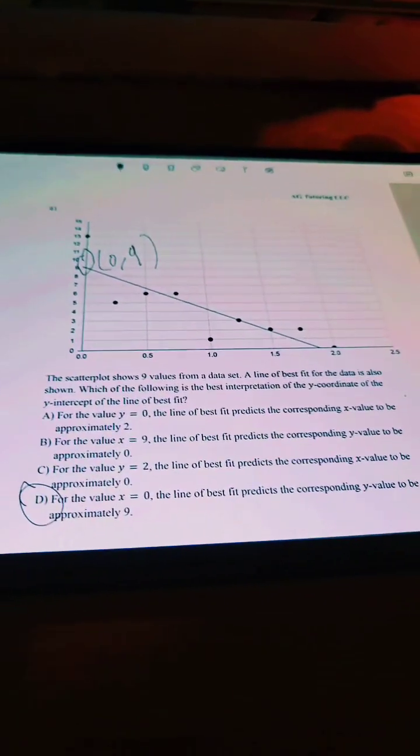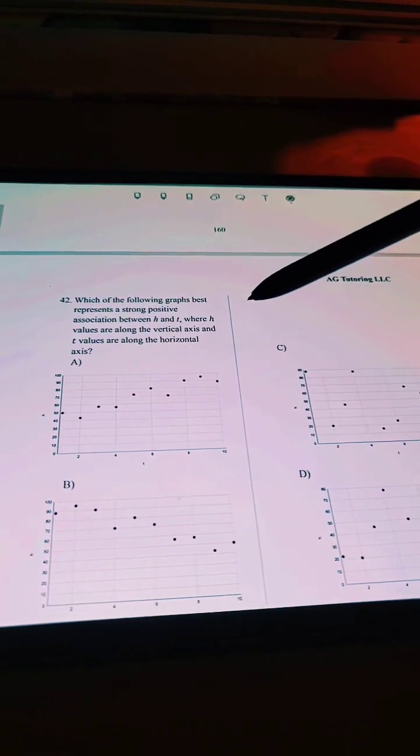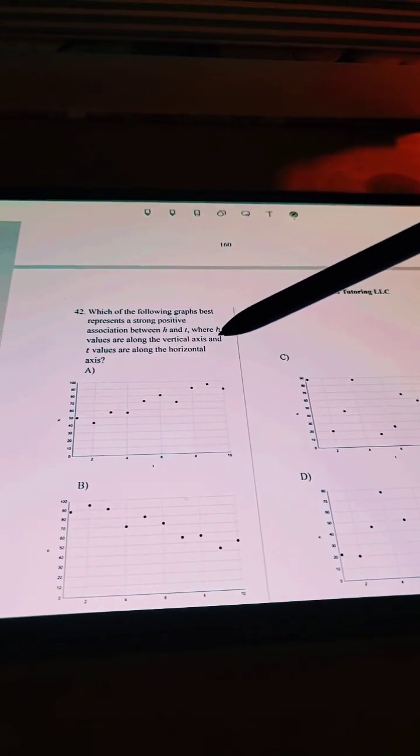So let's keep going to number 42. Which of the following graphs best represents a strong positive association between H and T, where H values are along the vertical axis and T values are along the horizontal axis?